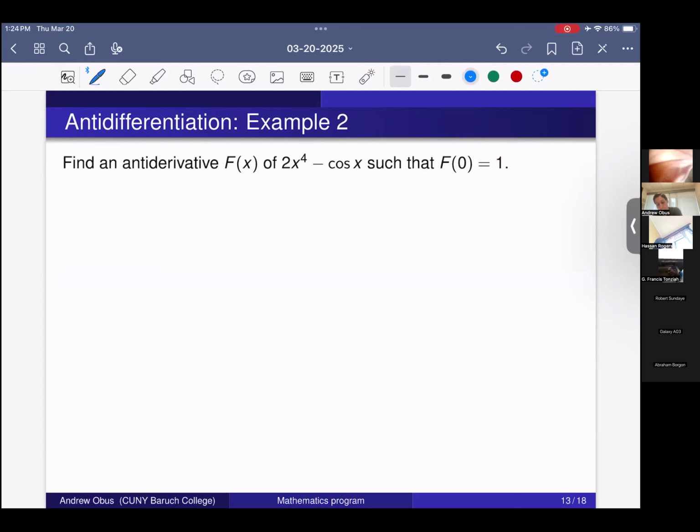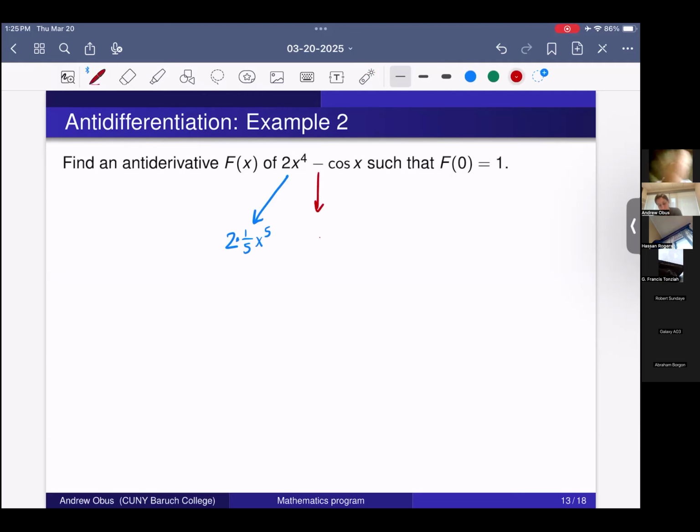So let's start with our power rule, right? X to the fourth we know becomes x to the fifth divided by 5, or 1/5 x to the fifth. So this is going to be 1/5 times x to the fifth. And then I have the 2 here still because the 2 comes down for the ride.